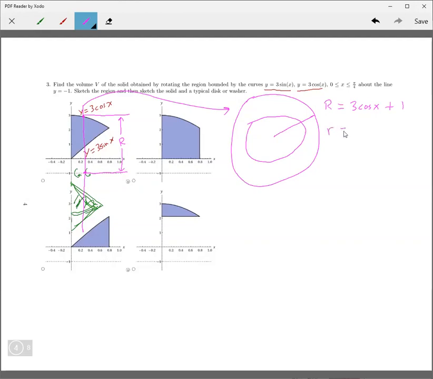Okay, the inner radius is going to go from here to here. From here to here. So that's 1 there, and this one is 3 sine x. So that's 3 sine x plus 1.